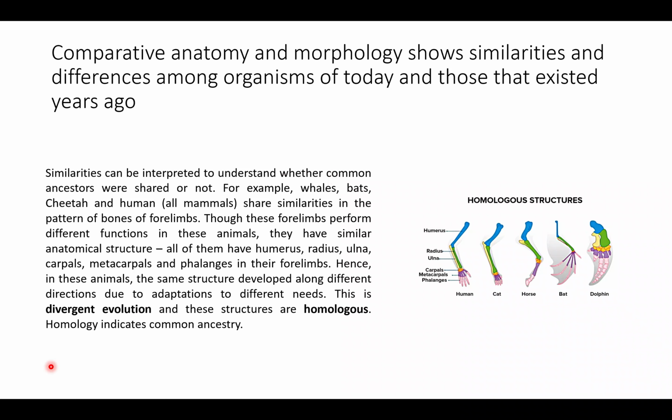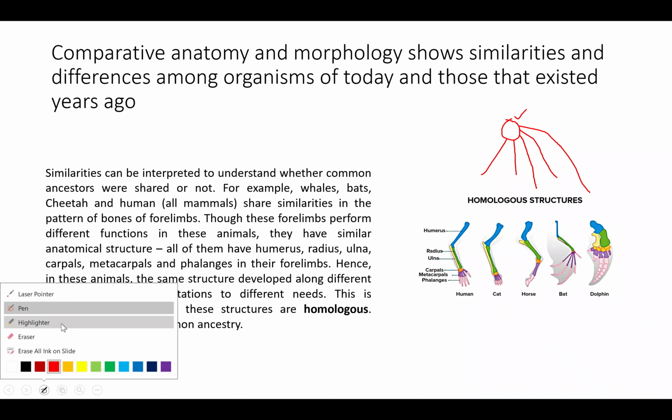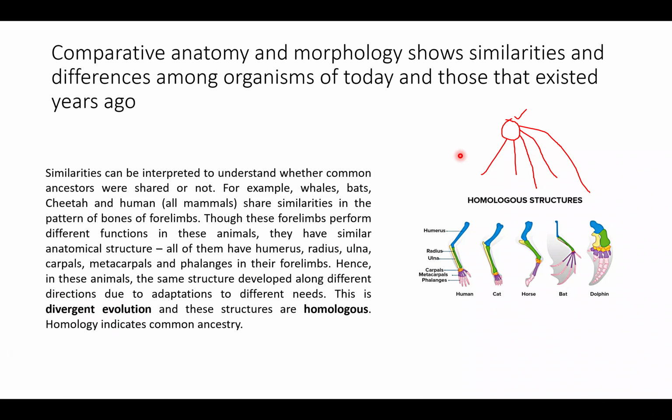If there's a common organism here, then different types of species that originated from this common ancestor would have similarity in at least some of the internal organs. Even if they do not look alike, their internal composition or the skeleton, the morphology or the anatomy of the bone, will be similar. And this is what we observe.